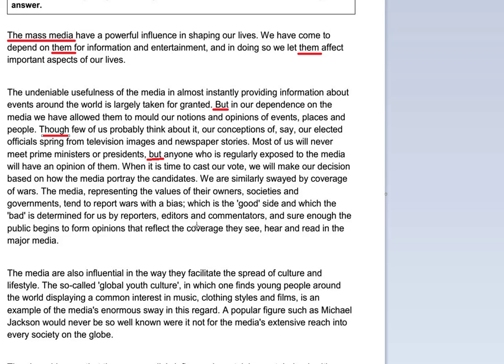Like in the beginning of this paragraph, or the argument rather, the writer doesn't clearly state that the media is useful in 2 ways. Because we have this concept here of instantly providing information, and that it facilitates the spread of culture and lifestyle.